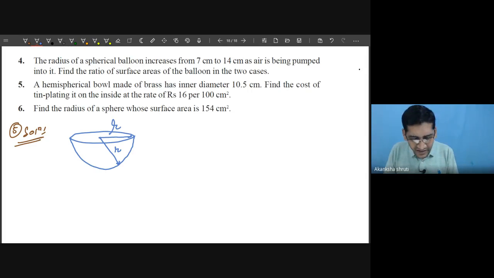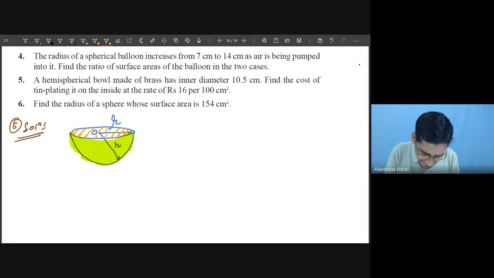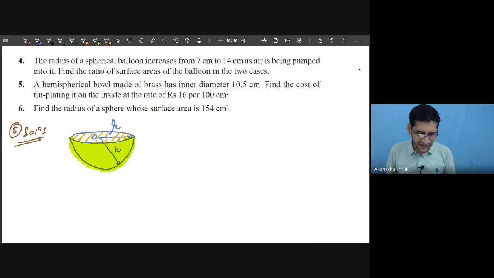This is the circular area and the other one is the curved one. A hemispherical bowl made of brass has an inner diameter of 10.5.